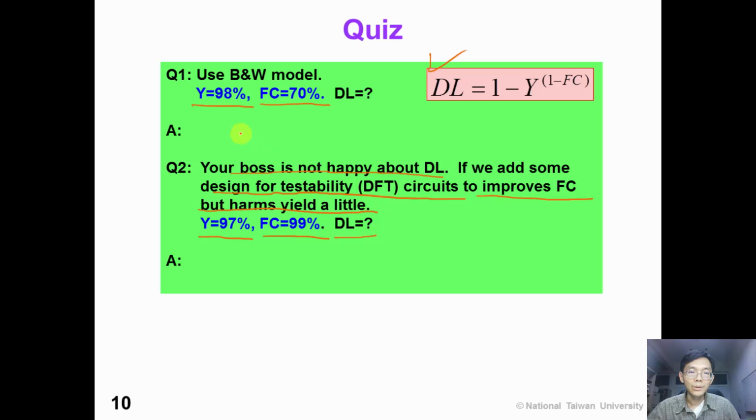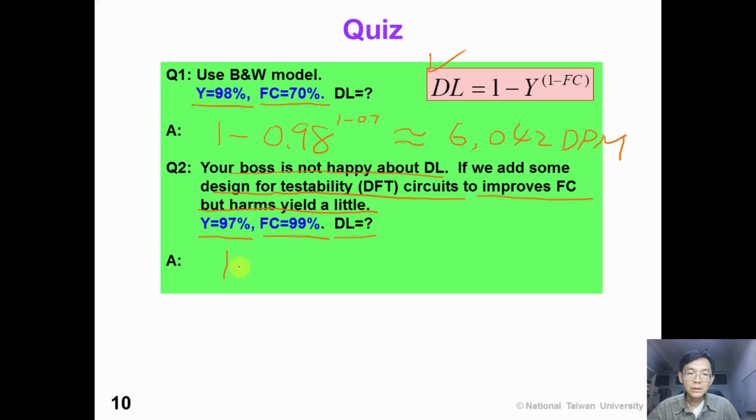Now, are you ready for the answer? If we plug in the number, which is 1 - 0.8^(1 - 0.7), this number would be approximately 6042 dpm. This is a very large number.